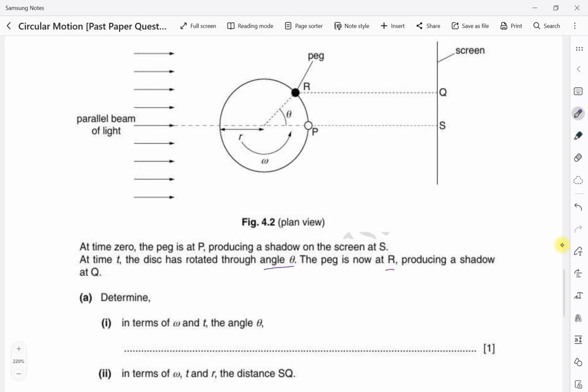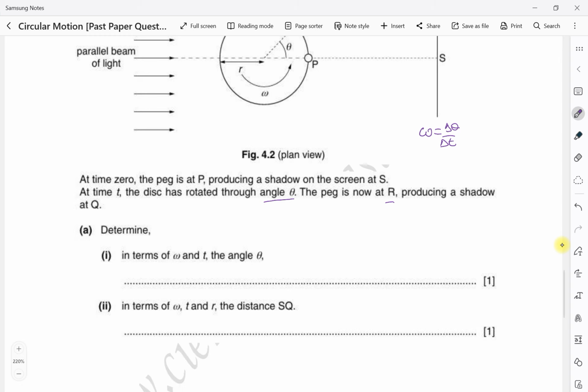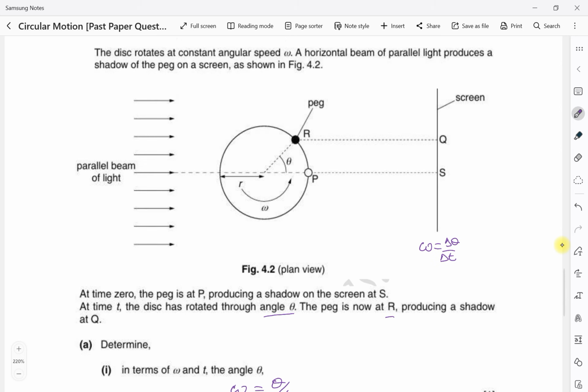Of course, we know that omega is equal to delta theta by delta t. Since here we are using theta and t, it means omega is simply equal to theta over t.